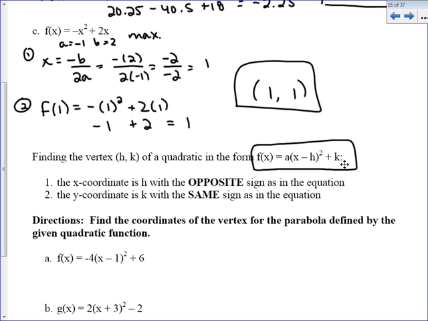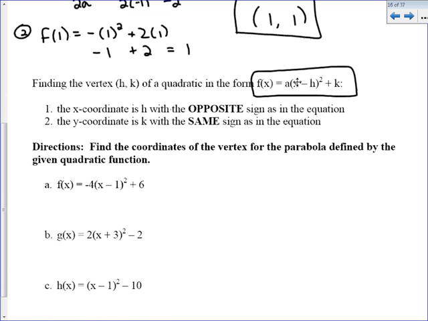But just so if you go on to another class and they want you to have seen this before, we've looked at it. So if you're in this non-standard form, you can look at it and tell me your vertex. What you do is the x-coordinate is h, so you look at this number here with the opposite sign, and then the y value is the number on the end, as is.